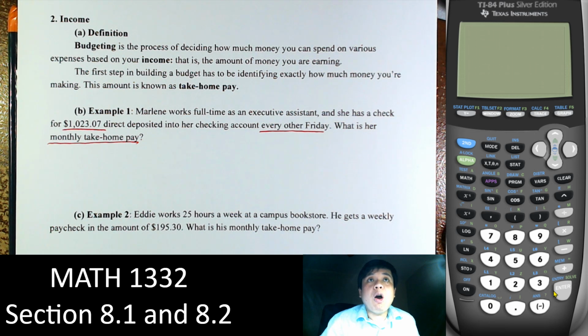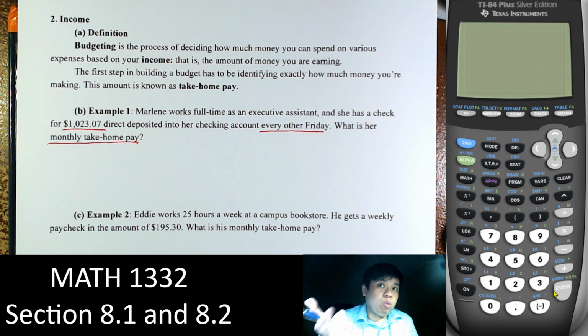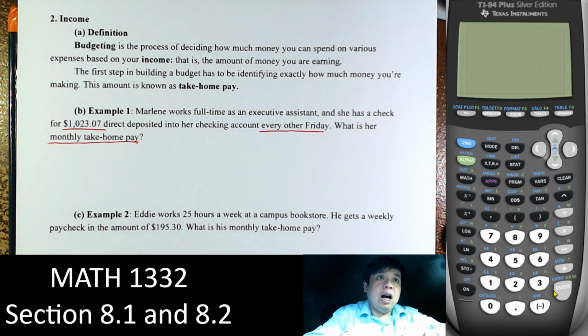So the problem with this is figuring out her monthly take-home pay. Some months there will be 5 Fridays, so in that case you might get paid 3 times, and some months there are only 4 Fridays, so you get paid on 2 of those Fridays. So bottom line is we just have to consider the average for the whole year.